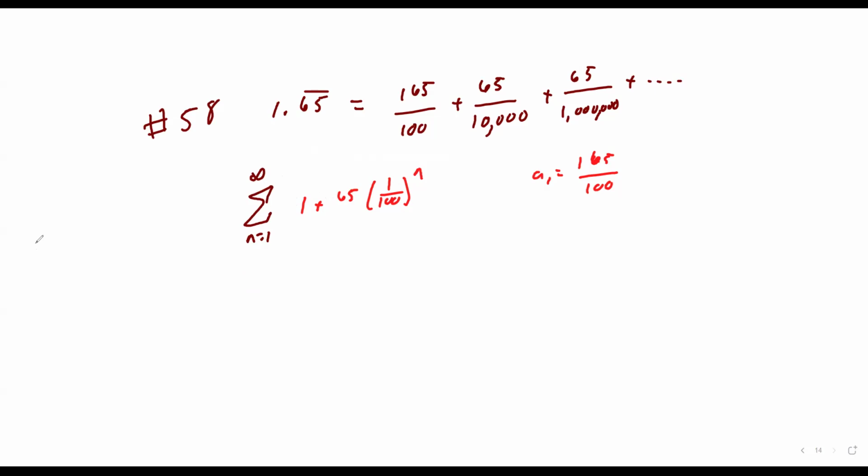Oh, I see. All right. So this actually, we're just going to trash this. So let's look at number 58 again at the beginning. So for 1.65 repeating, if you actually look at Zeno's paradox, you can write this out as 1 plus 65 over 100 plus 65 over 10,000 and so on and so on.